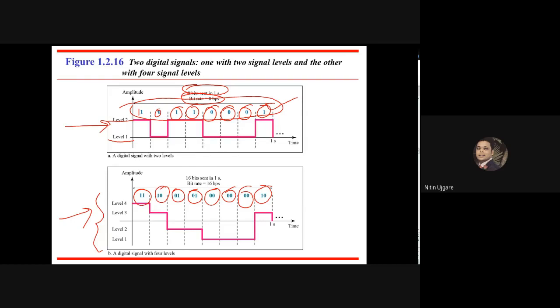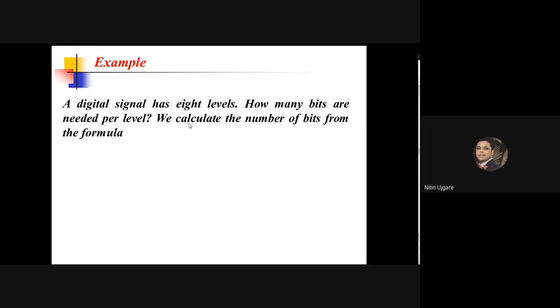If a digital signal has 4 levels, then we can see here that at every level the signal holds 2 bits, or the signal can carry 2 bits in every level. In the same way, if a digital signal has 8 levels, how many bits are needed per level?